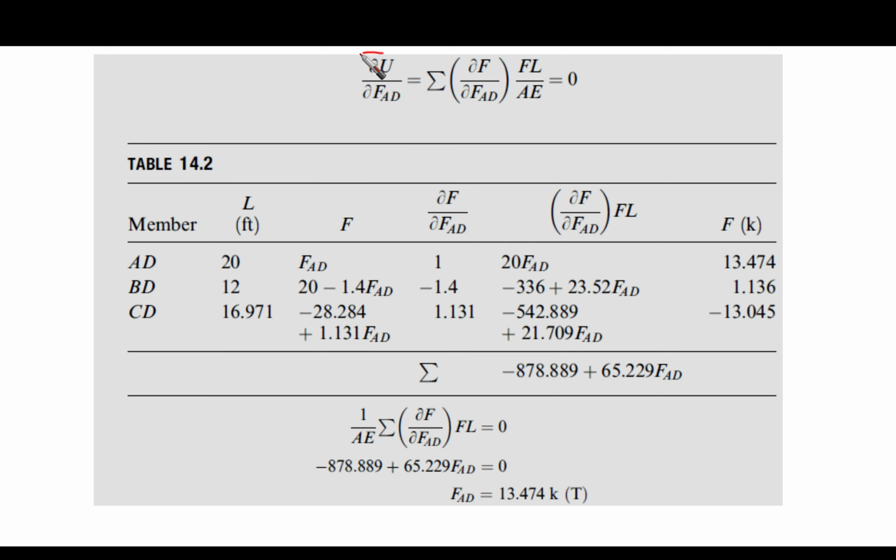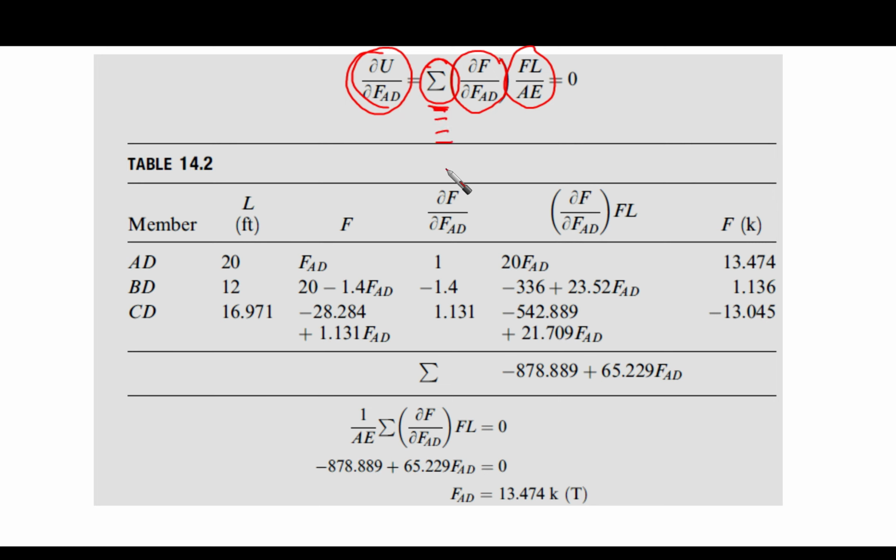Remember that this is our strain energy, the partial derivative with respect to FAD. It equals the summation of the partial derivative of F with respect to the redundant times FL over AE. Summation means that we need to have like 3 values.